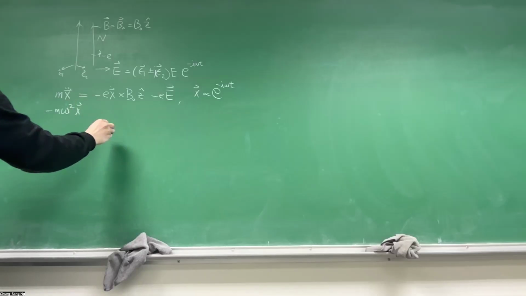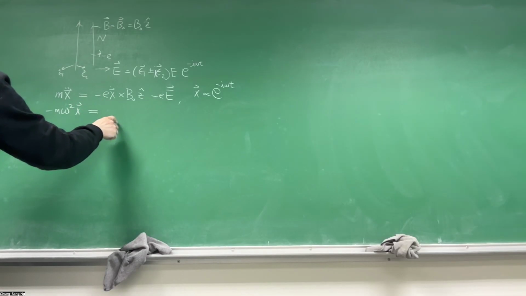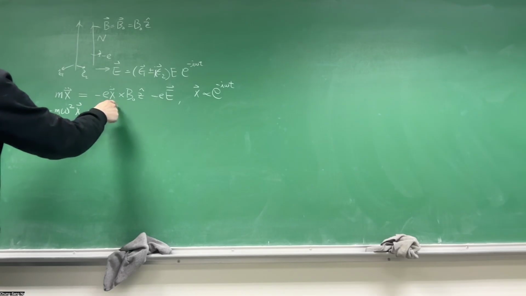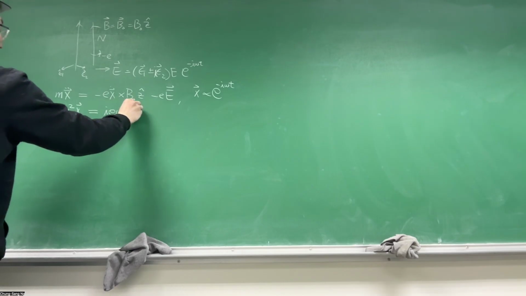Just keep it like that for now, and then this will be minus i omega x cross B0.